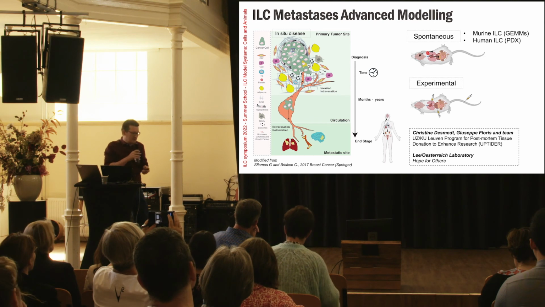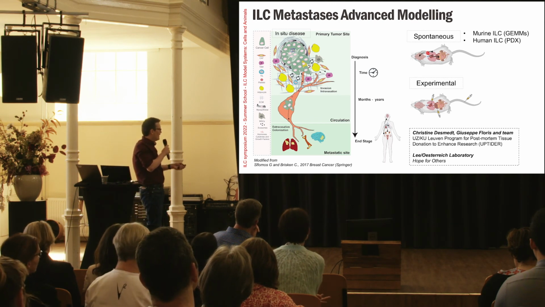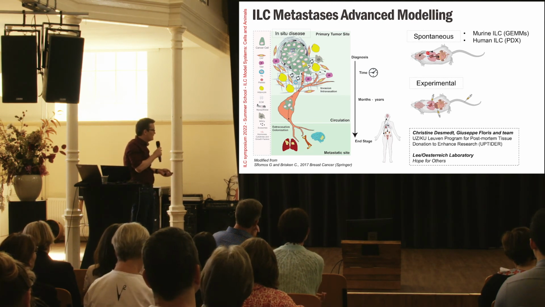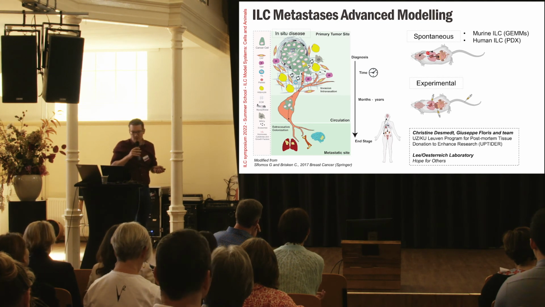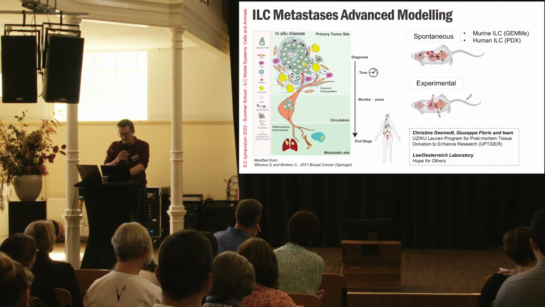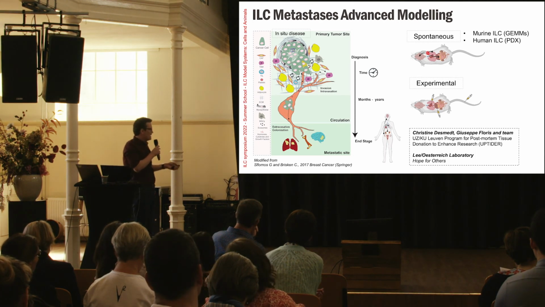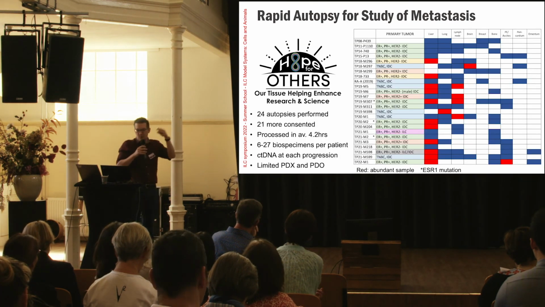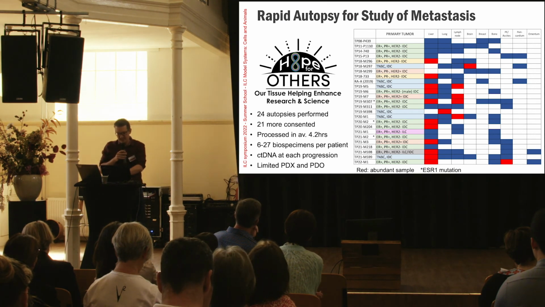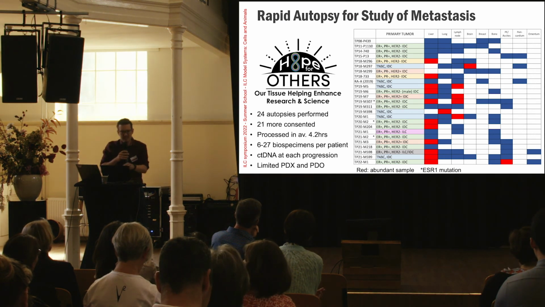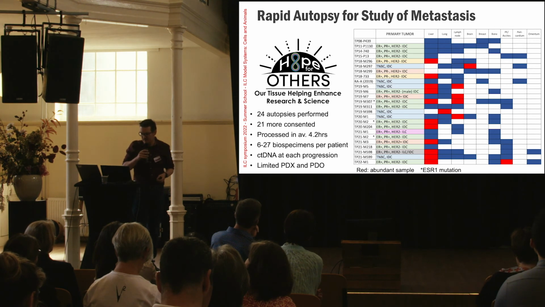There are two efforts, from Christine Desmond's lab and Adrian and Steffi's lab, that are currently running. Of course, from these tumors we can also take material and put it in the mouse and do PDX studies. And here is an example from Adrian's study.